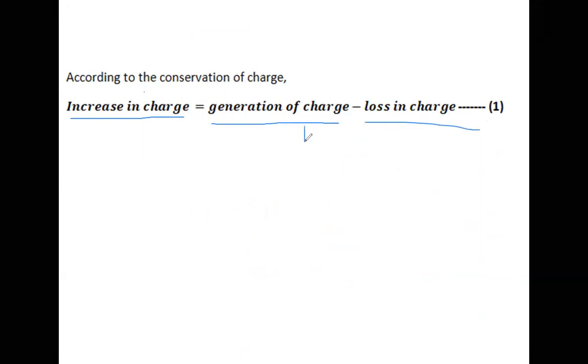In general, charge will be generated within the block due to the excitation process. This is also known as thermal excitation. So due to thermal excitation, we are increasing the number of charged particles within the block.